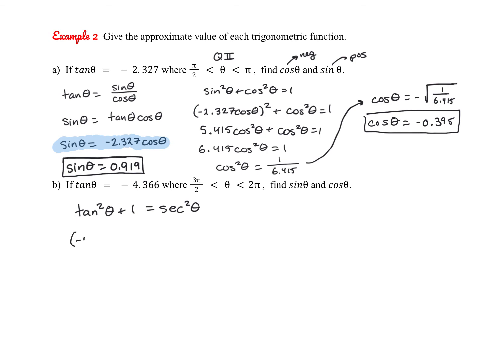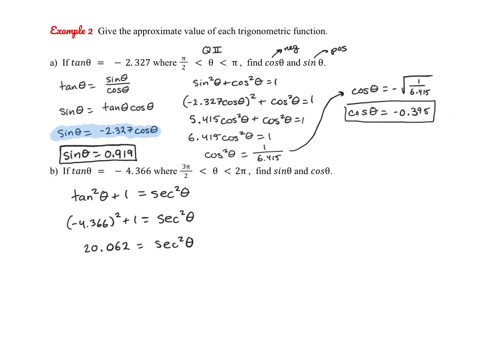So we know negative 4.366 squared plus 1 is going to equal secant squared of theta. So I'll plug this part into my calculator. We get about 20.062 equals the secant squared of theta.